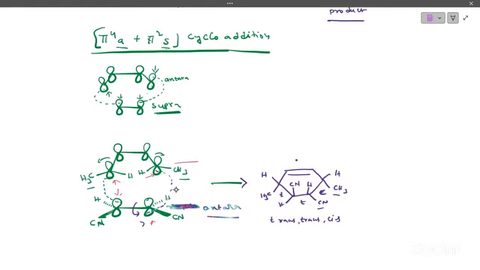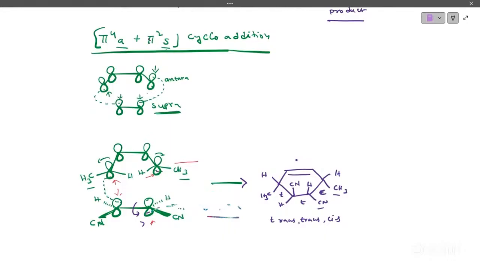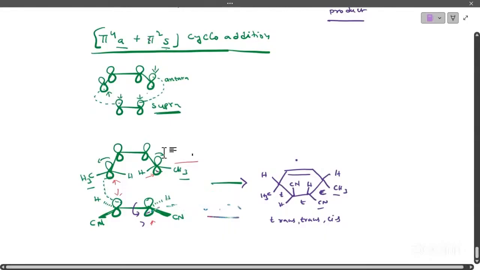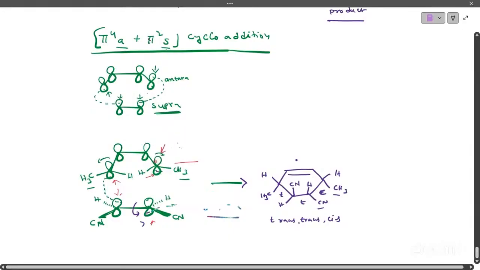Now, the interacting lobes: antara mode of addition, therefore the opposite lobes are involved in interaction. That opposite lobe, this one is already involved in interaction. The opposite lobe is this one. With respect to the second pi system, which is supra, therefore the same side lobe is involved in interaction. The interaction should be like this. Therefore, this is antara, this is supra.